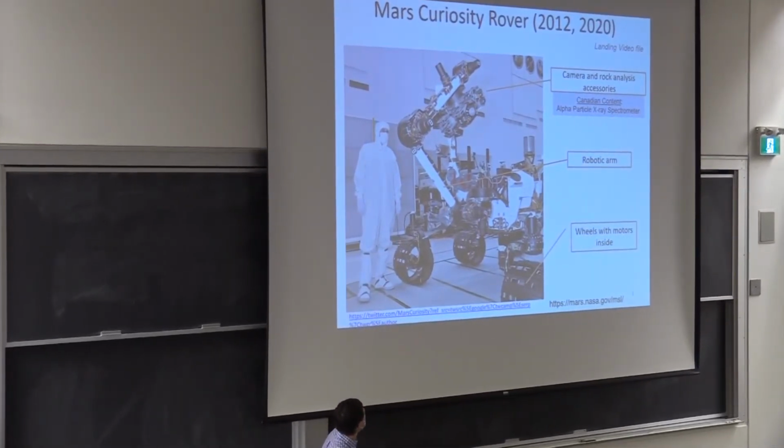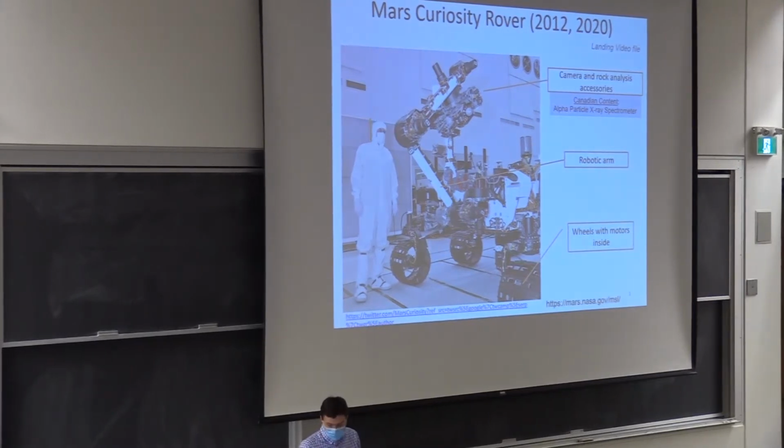This is the Curiosity rover, which went to Mars in 2012. There's another version of it, which is very similar, which landed in 2021, called Perseverance, I think. Perseverance is the name of the lander. It's almost the same rover design with updated scientific instruments and some other things.